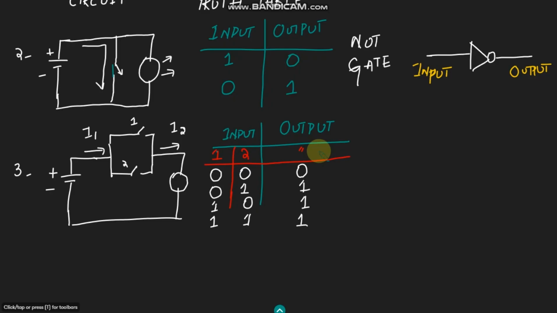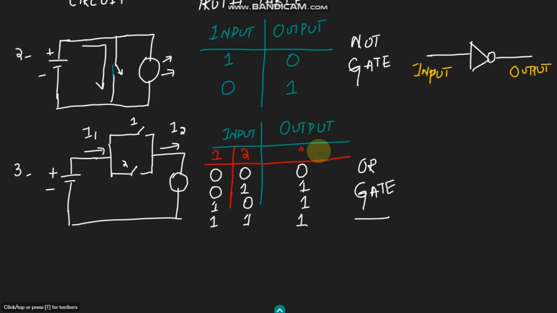So here we can see that the output will be on if any of the inputs is on. If 1 or 2 is on, we will get the output as on. So due to this ORing, this OR statement, this gate is called the OR gate.